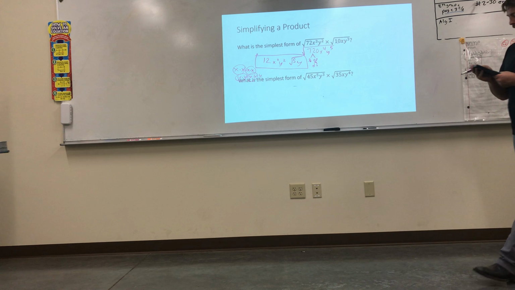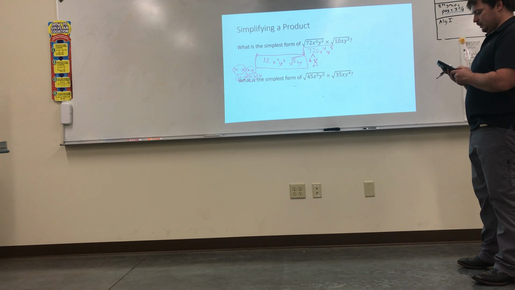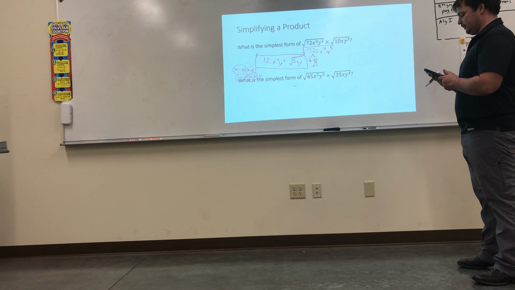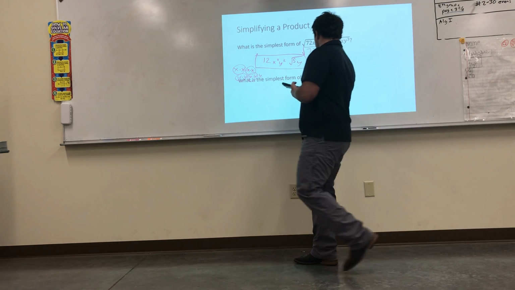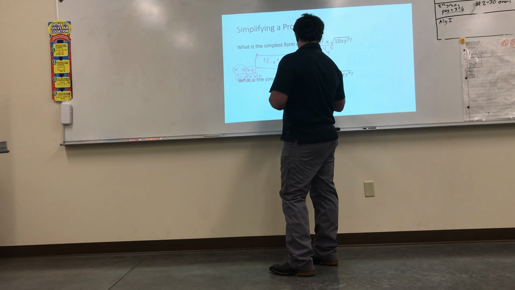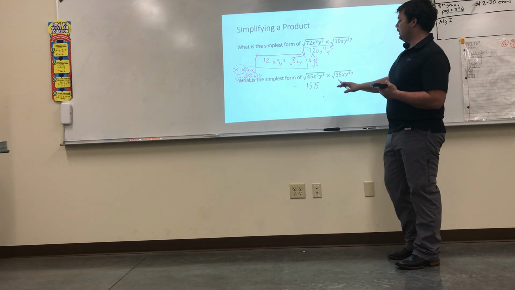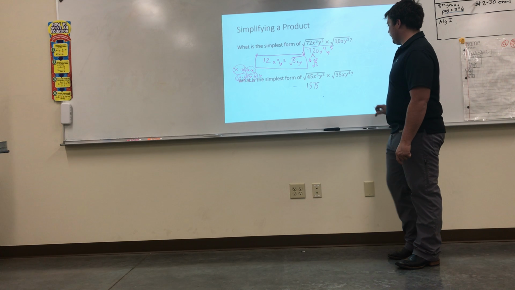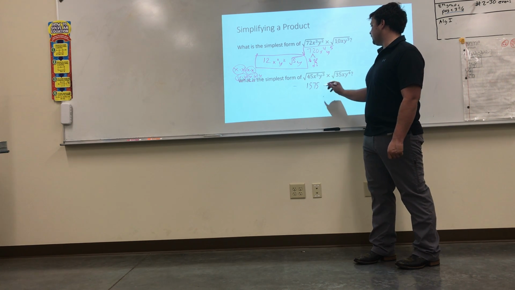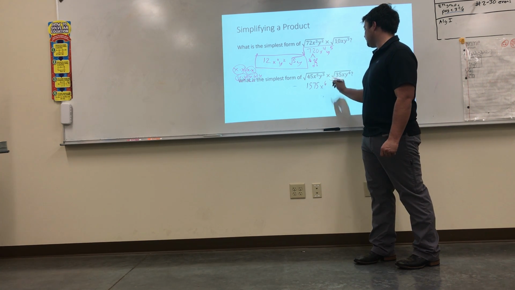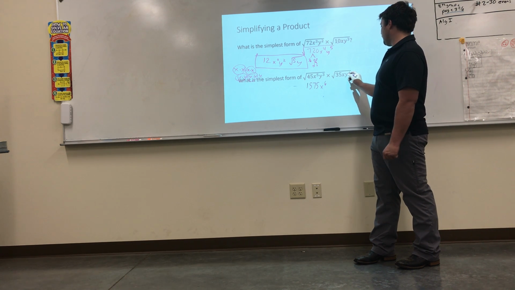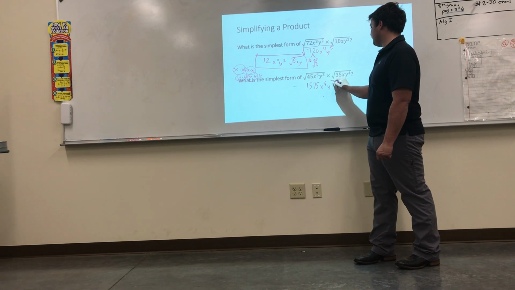So we got 45 times 35, which is going to give me 1,575. We're multiplying our x's, so we can add the exponents. This is the first, this is the fifth, so we're going to get x to the sixth. We got y to the third and y to the fourth. That's going to give me y to the seventh.